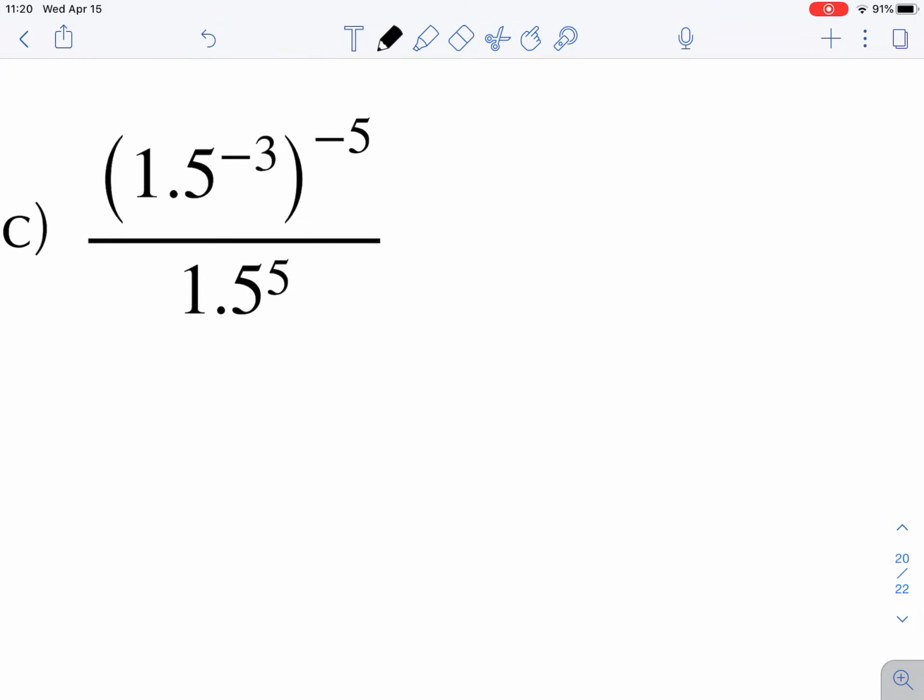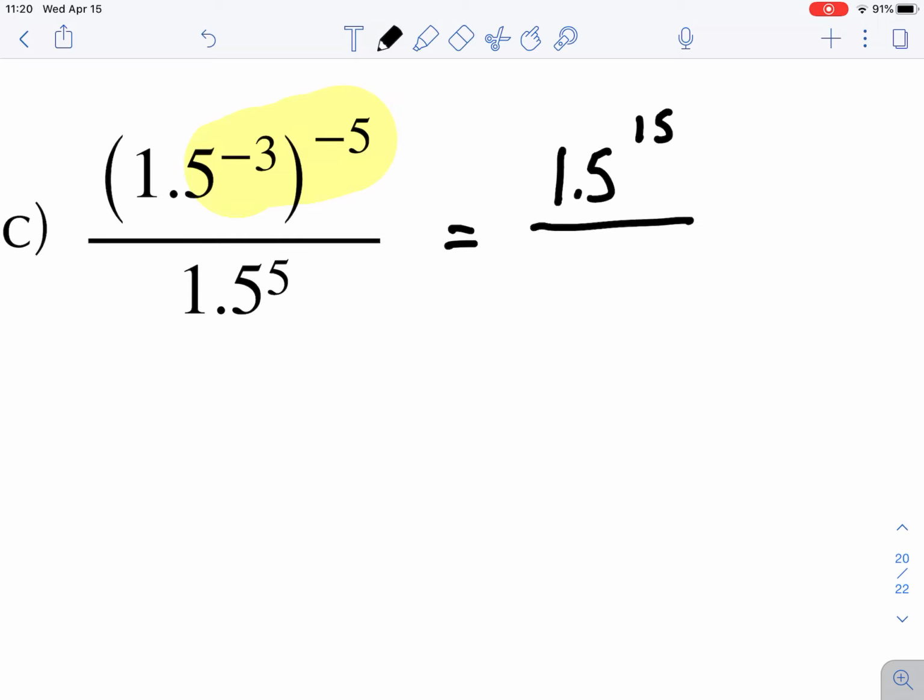All right, let's look at letter C. We have a base here of 1.5. Now, whenever we have a fraction like this, we want to simplify the numerator as much as possible. Then we can work with the power divided by a power. So let's simplify this numerator. We've got a power raised to a power, so we multiply the exponents.